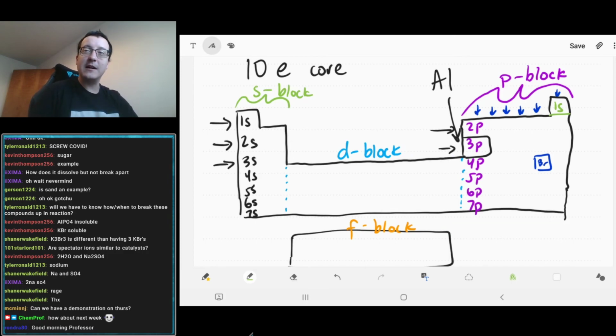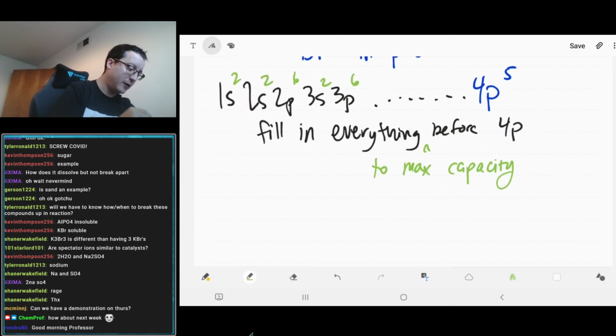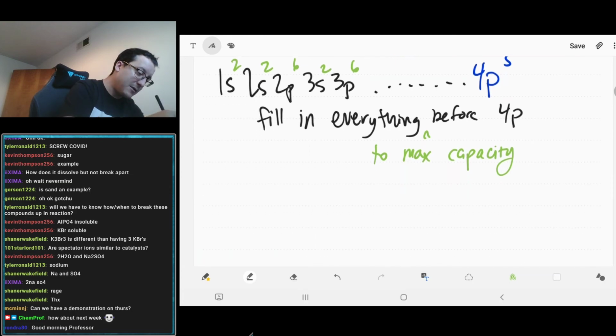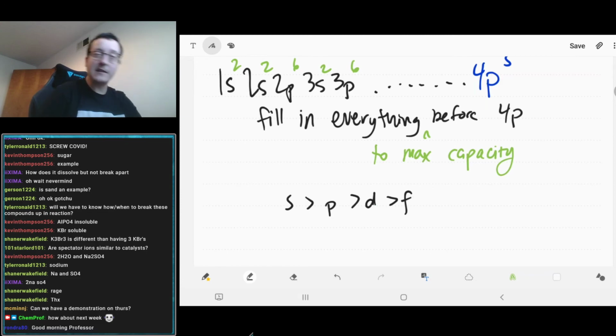Now, just to not confuse you, we remember that S is a better orbital to fill than P, than D, than F, right? Because S is low energy, and we're going to see F is high energy.